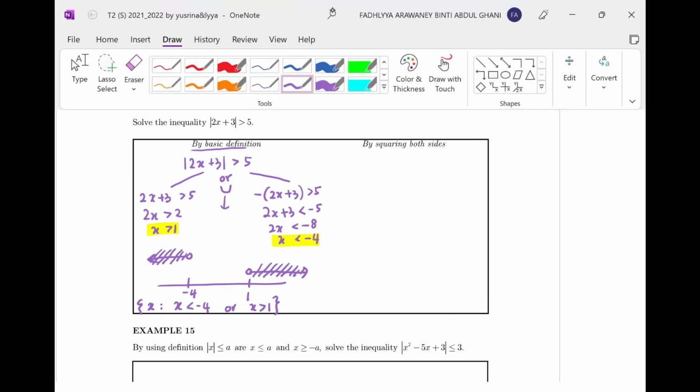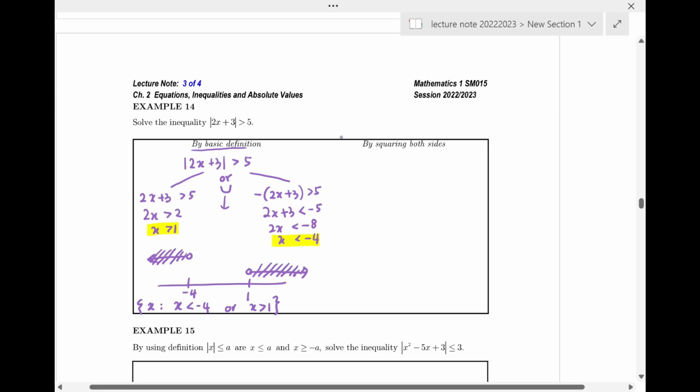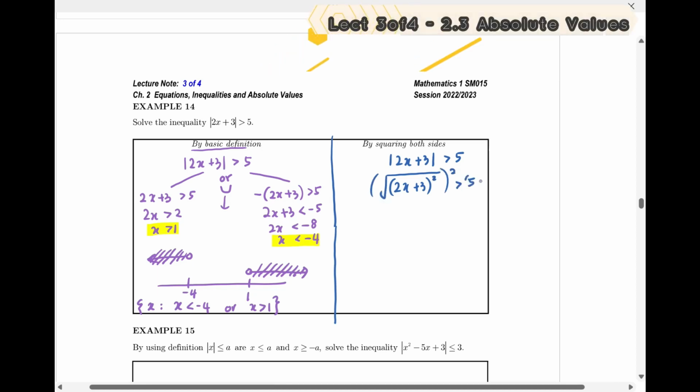We are done using basic definition. Now let's go using the method of squaring both sides. I rewrite again, |2x + 3| greater than 5 using the distance definition. So the square root of (2x + 3) squared greater than 5, and then squaring both sides we have (2x + 3) squared greater than 25.